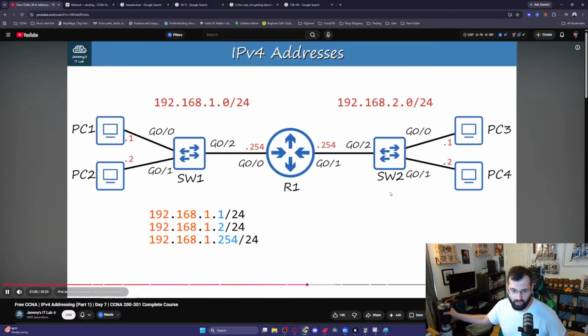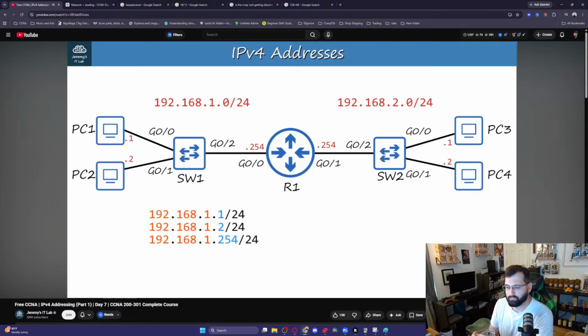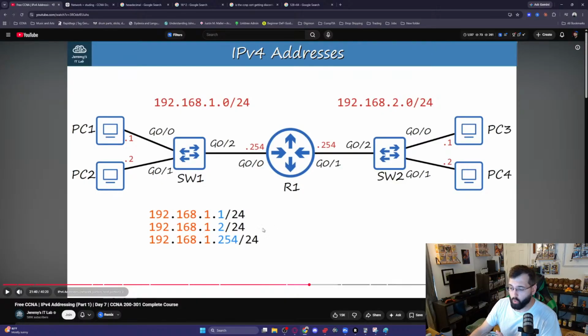Next time. I can tell that the network portion of each IP address is the same, because they are all part of the same local network. Only the host portion is different. So that means the lower this number, the lower this number, the more addresses we have.